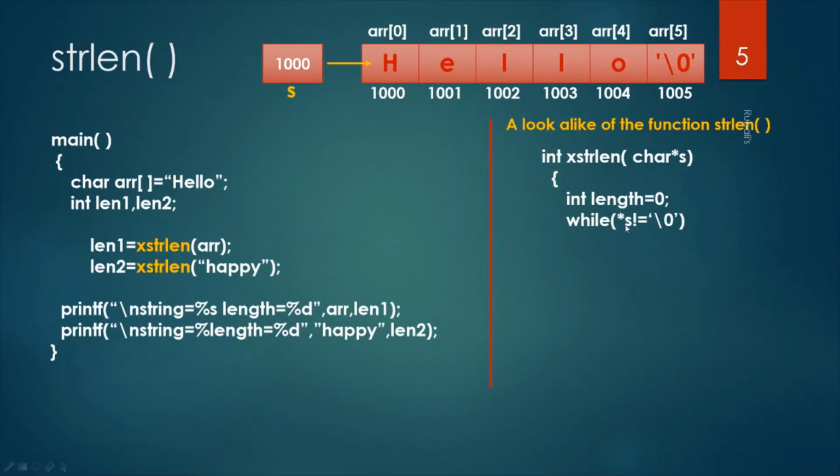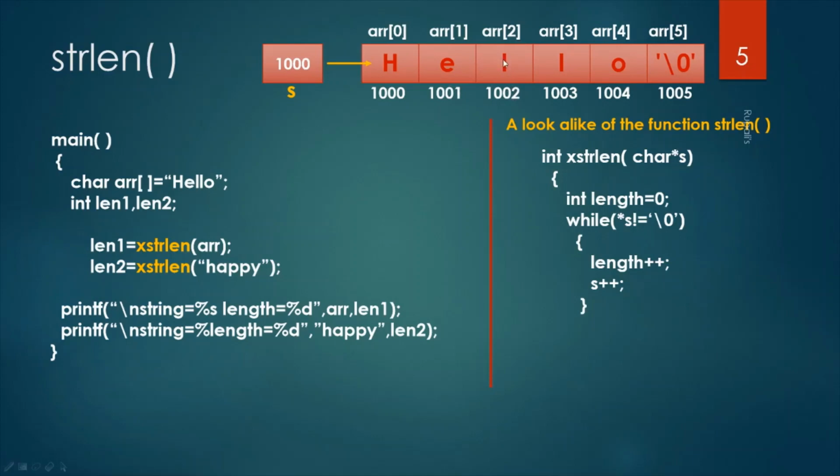So while *s is not equal to '\0': s means 1000, *s means h. Is h '\0'? No. Then you have to write length++, increase the value of length by 1, and s++, get the next location. Again, is *s '\0'? No. Length++, s++, and length will increase by 1.